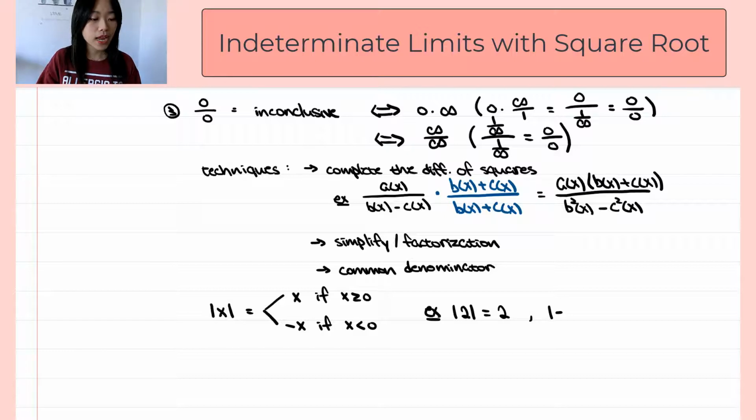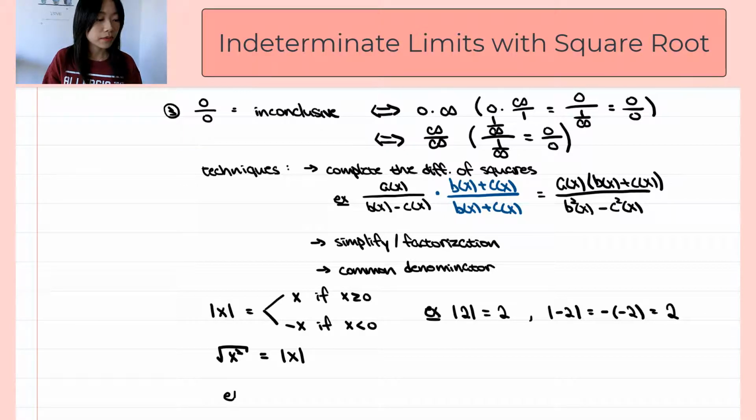But for absolute of negative 2, since the x here is negative, we need to add a negative sign in front of the x, and this also equals 2. And a second note, square root of x squared. Since the result of a square root is always positive, this equals absolute of x, which again equals x if x is positive and equals negative x if x is negative.